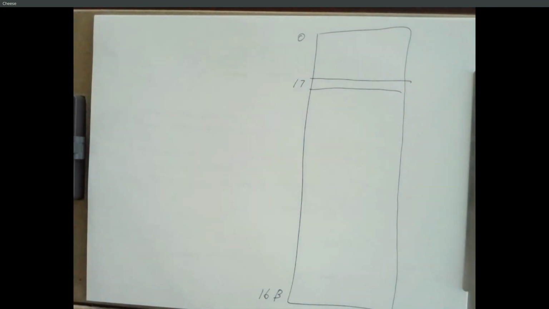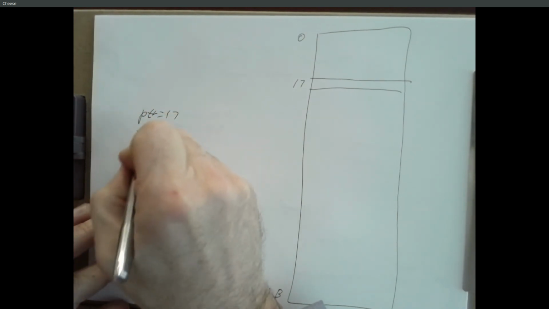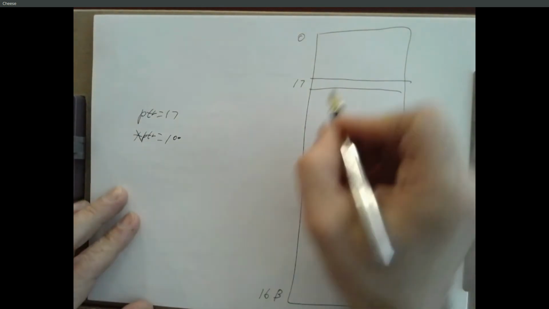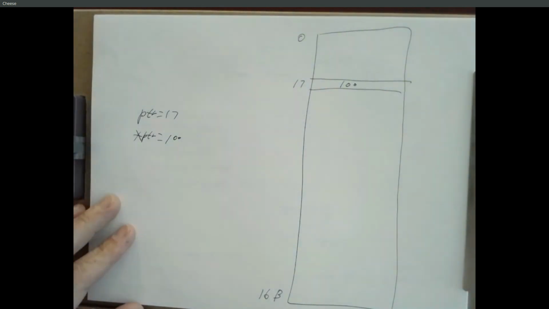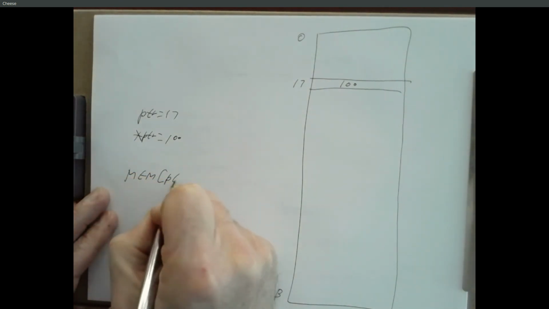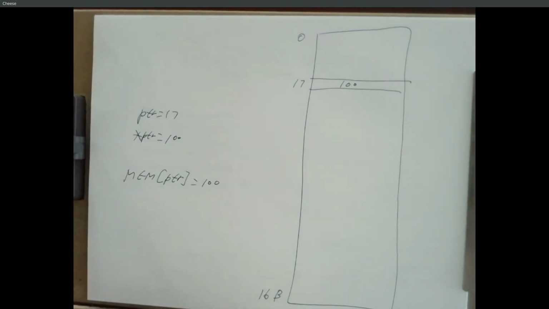And when we do this dereferencing, right, if pointer is 17 and we say star pointer equals 100, which writes 100 right here, it's kind of like saying this big memory array bracket PTR equals 100. So in some sense, pointers are really no different from array indexes.